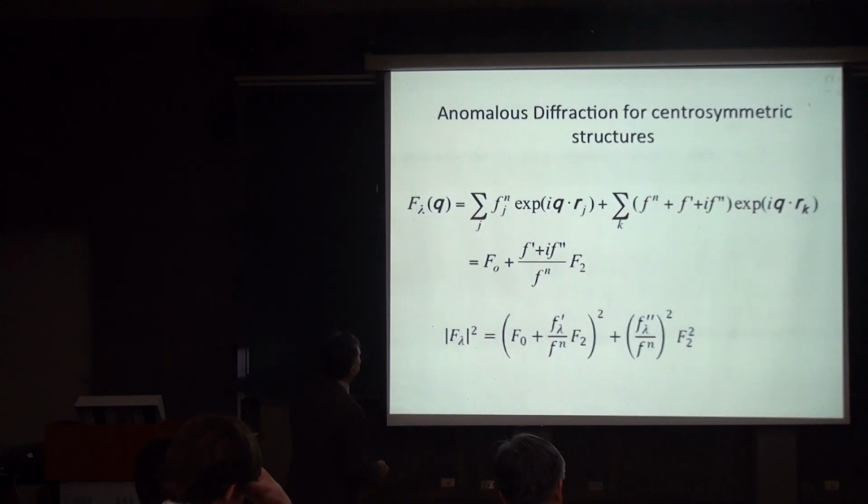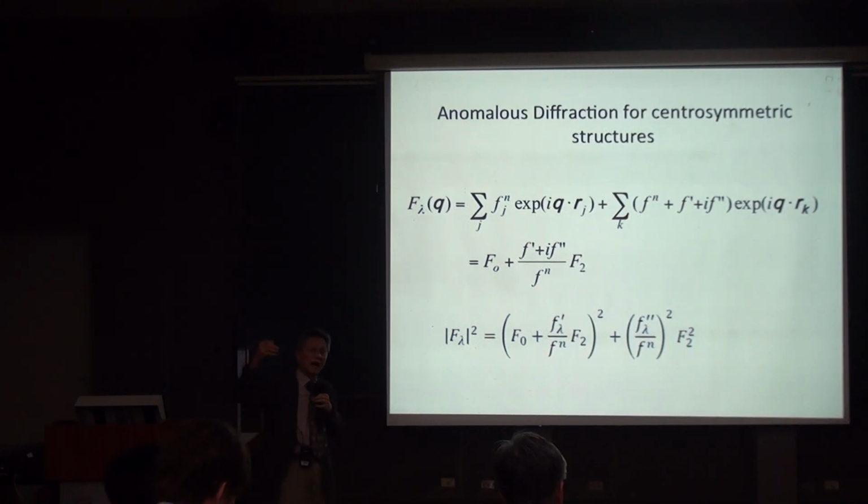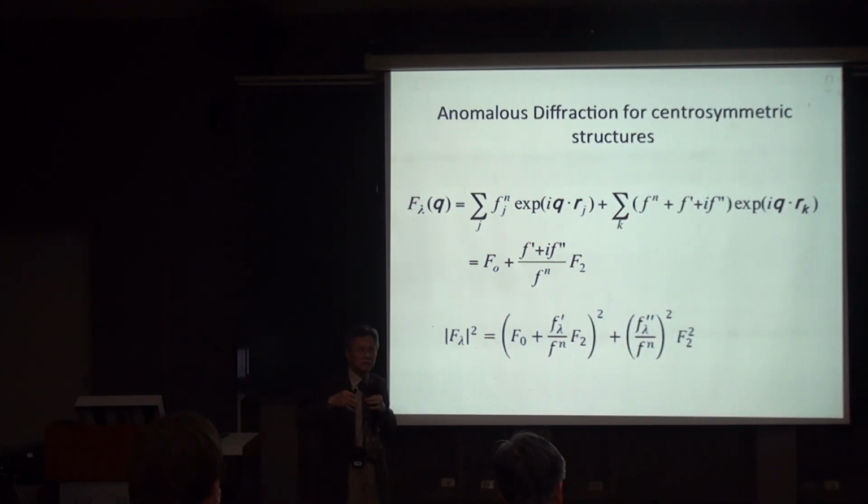Finally, we also did anomalous diffraction, just like protein crystallography. You introduce an atom into the system and use X-rays of wavelengths corresponding to the absorption edge. If you do that, the scattering amplitude consists of two parts. F0 is the diffraction amplitude of the whole system.